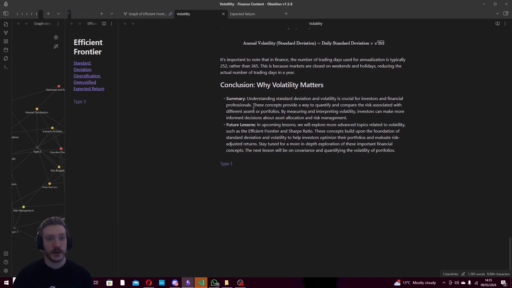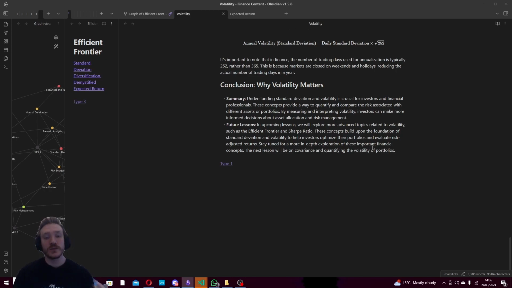And then that concludes this whole lesson on volatility and standard deviation and variance. So we should now understand standard deviation, how it's linked to volatility, why it's important, its relationship to risk and therefore risk management, right? And I've hinted at the future lessons. I've said that we're going to look at covariance next to understand the volatility of entire portfolios, and that's true.